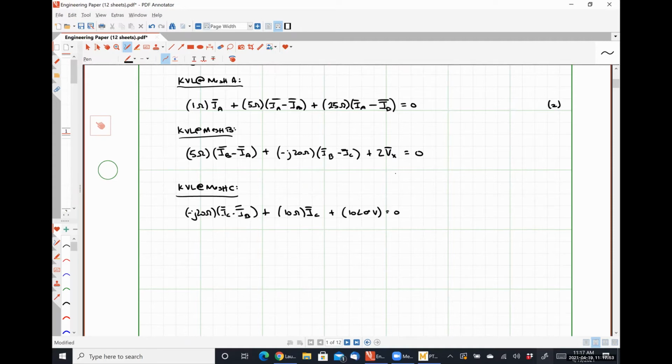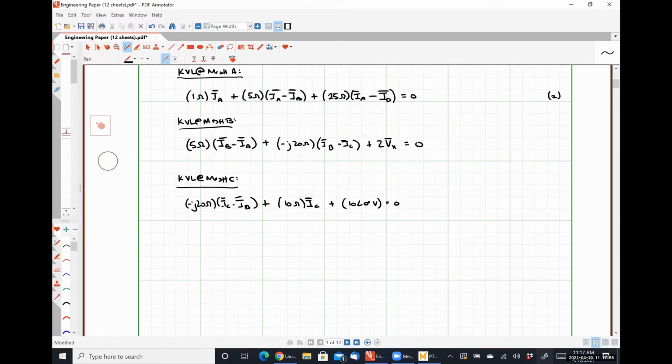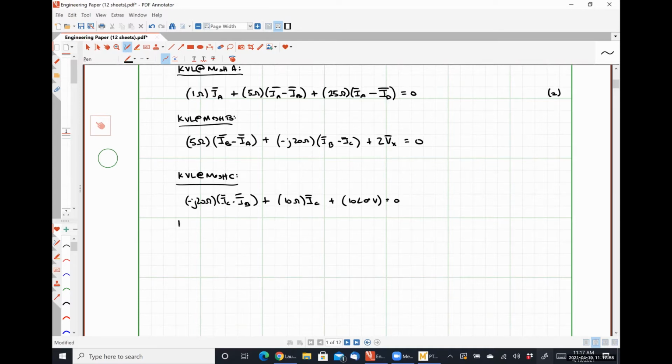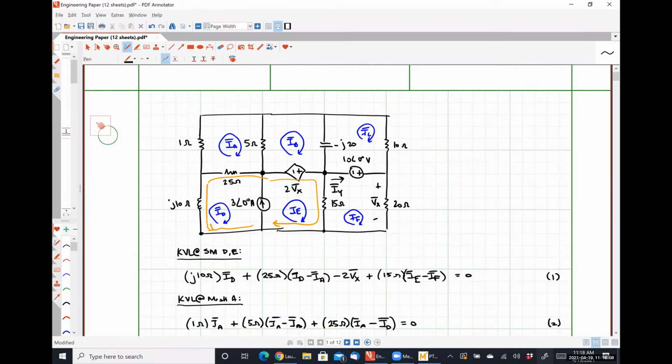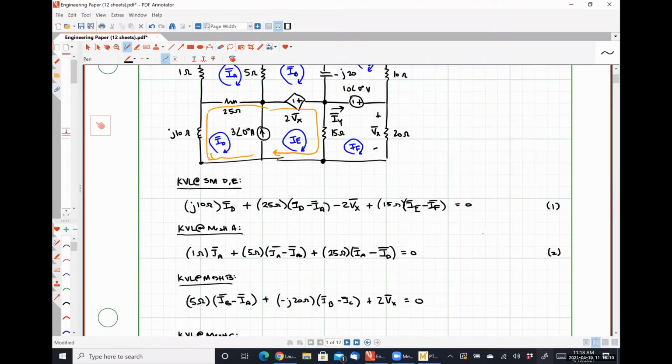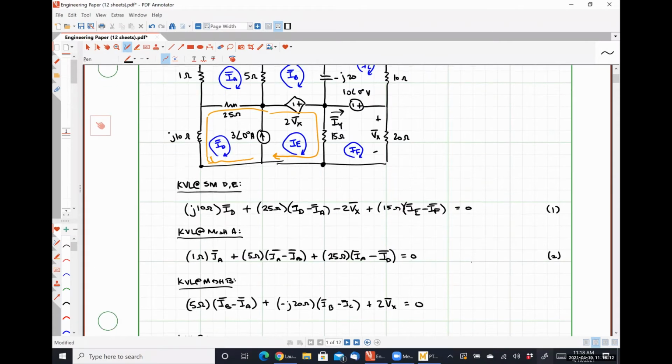I have D and E taken care of, so now I just need to do KVL at mesh F. So starting down here, what am I going to have? Starting here, following F around.